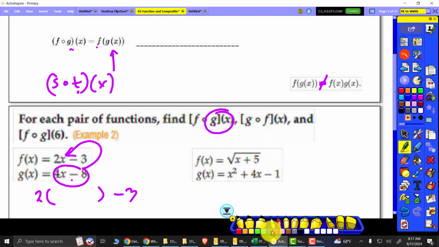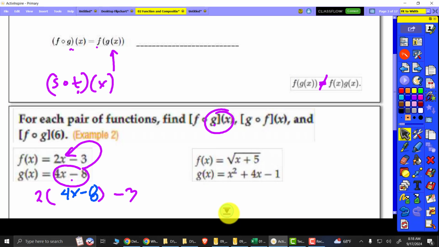So now this x here will become 4x minus 6, and then as we notice, after this, that's 8, 4x minus 8. After this, we're now going to do our algebra 1 and algebra 2, which is the distributive property and combining like terms.